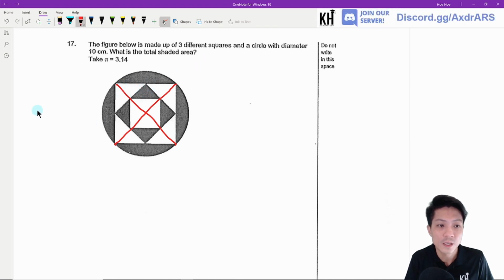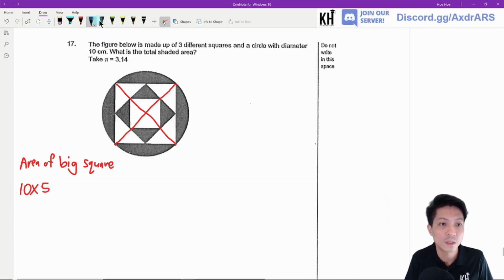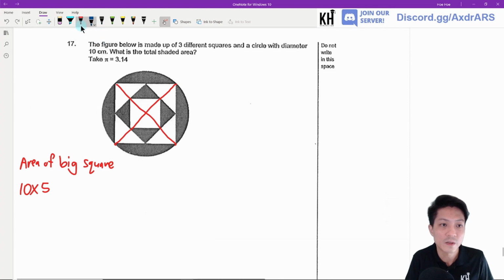To find the area of the big square, it is basically equals to 10 times 5, because here is 10 and here is 5. You can do half times 10 times 5, then times 2 again, but there's no need to. So 10 times 5 will give you the area of the big square immediately.